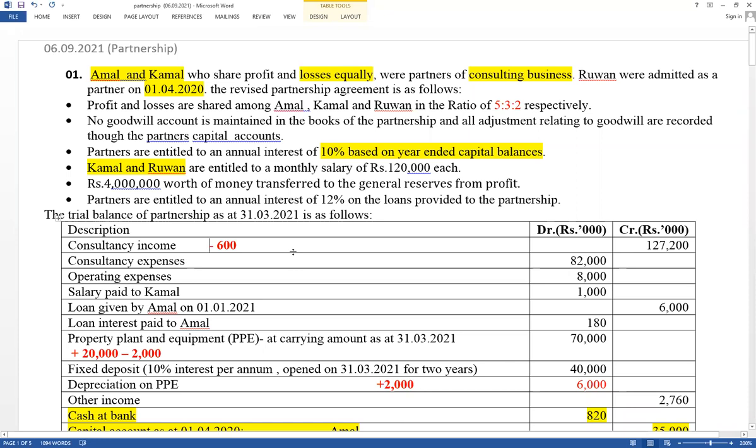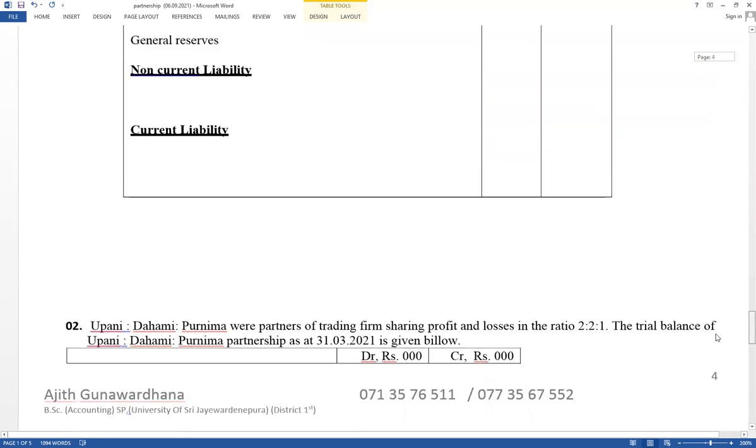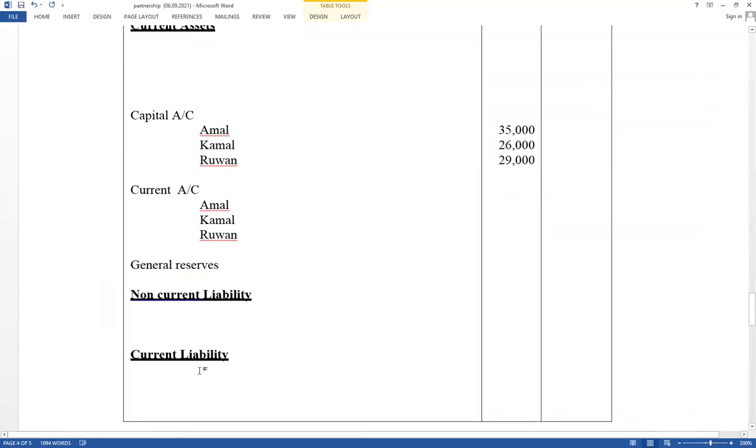The correct value should be included in the income statement, and this value is a liability. Therefore, this value should be included under current liabilities as consultancy income received in advance.